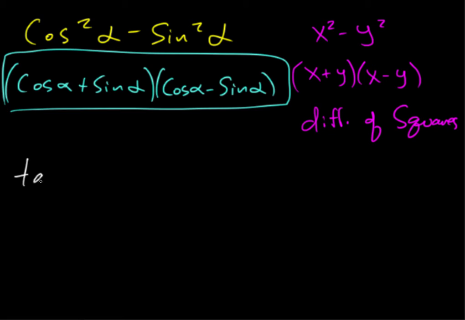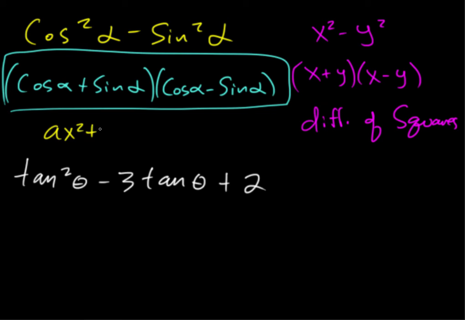Okay, on this next one, we have tangent squared theta minus 3 tangent theta plus 2. Now, this is kind of hard for some kids to see, but we have something squared, then just that something, and then a constant. So it's actually following ax squared plus bx plus c. So it's following a quadratic pattern. And so what I'm going to do, I'm going to say u is equal to tangent.